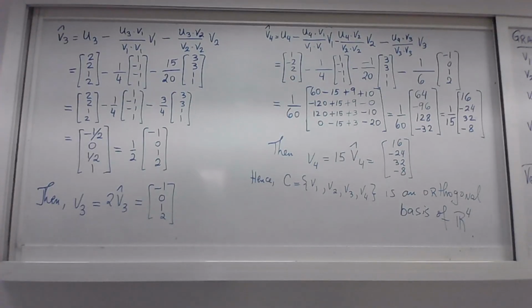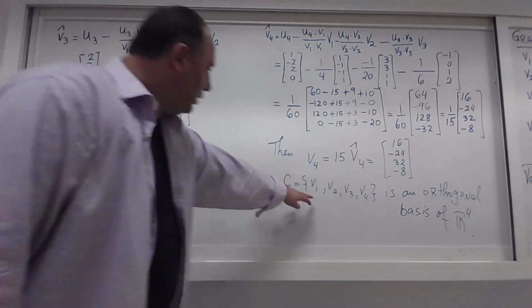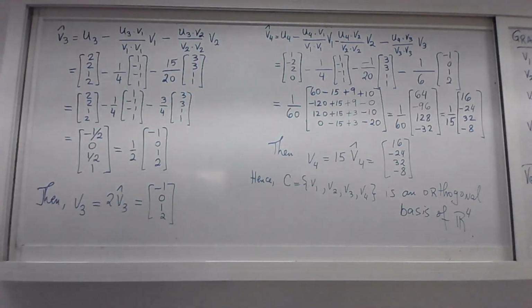So that's about it. That's all we need, pretty much, to know how to apply the Gram-Schmidt process to transform some basis B into an orthogonal basis. And if we are asked, we can transform it into orthonormal. Once we get orthogonal, we just normalize each vector and we are done.